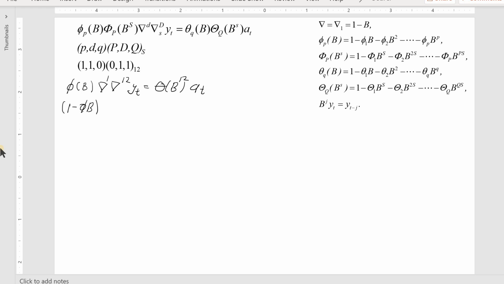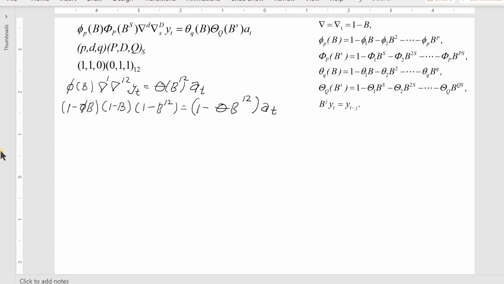And then the differencing at non-seasonal, 1 minus B, and the differencing at seasonal, 1 minus B^12, equal to this, minus 1 minus B^12 in brackets multiplied with at.